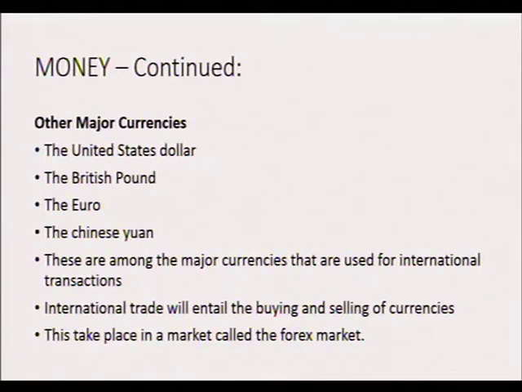They are major currencies that are used for international transactions, and international trade will entail you buying and selling these currencies. The place where the buying and selling of foreign currencies happens is called the forex market. Please emphasize or put more effort into learning about the forex market as well.